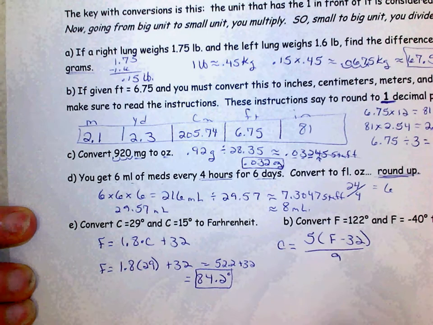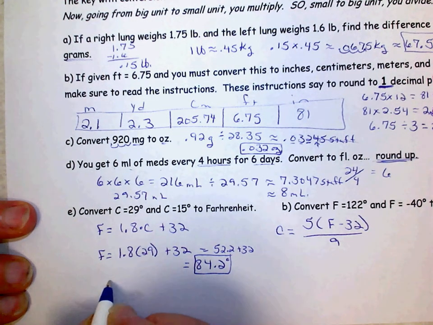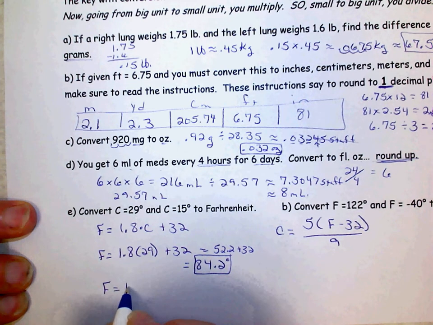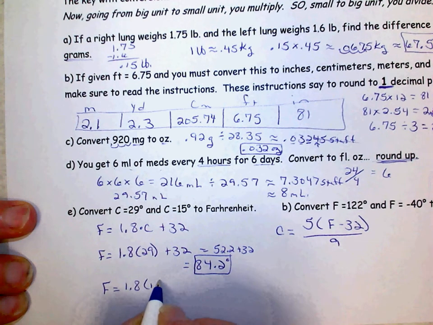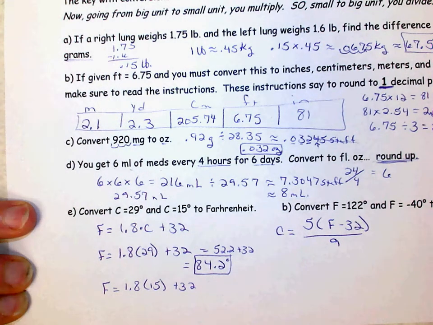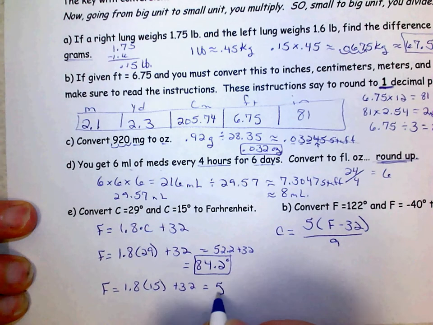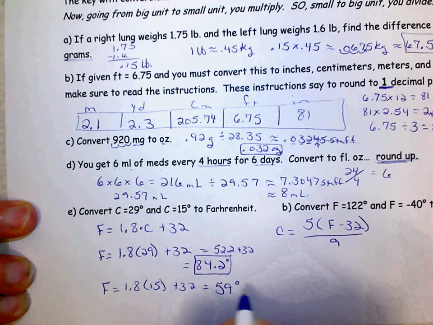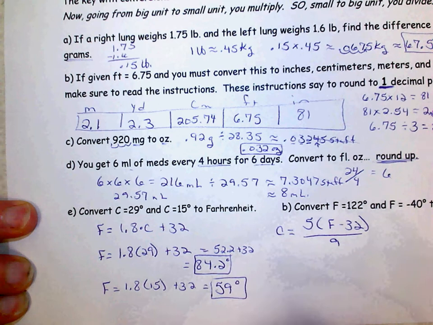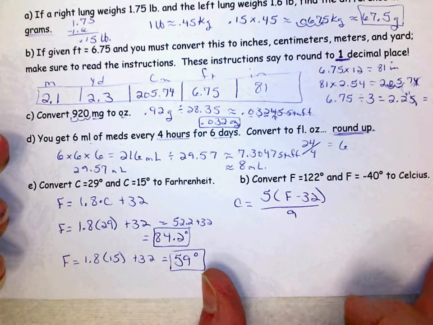And then we do the same thing for the next one. 1.8 times 15 plus 32, and I'm just going to put it in the calculator all at one time. And that gives us 59 degrees. See, it's not that big a deal. Now this one's a little bit worse.